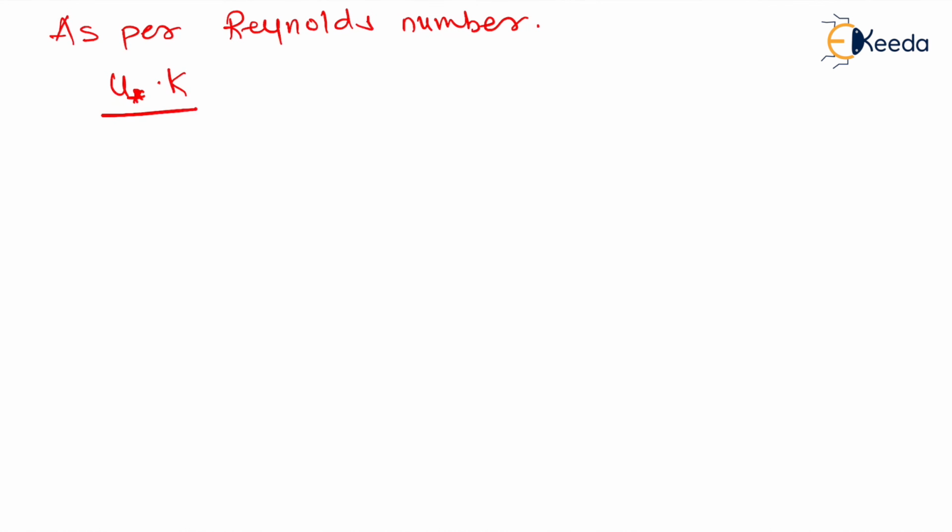If I want to talk about the Reynolds number, then we can also conclude some results. The roughness Reynolds number, U star into k divided by nu, should be less than 4 for a smooth boundary.